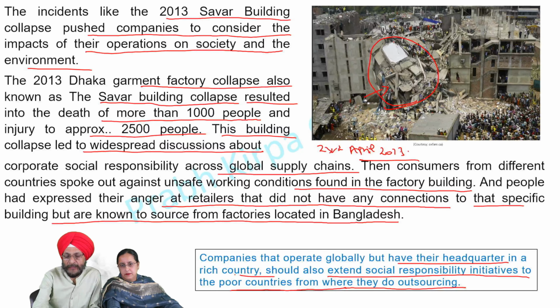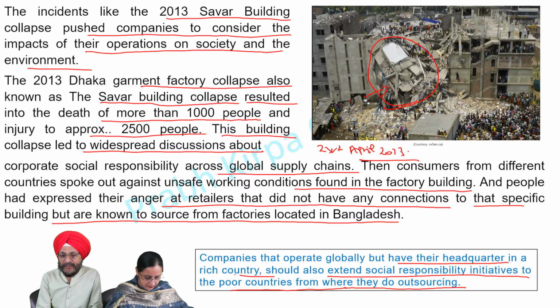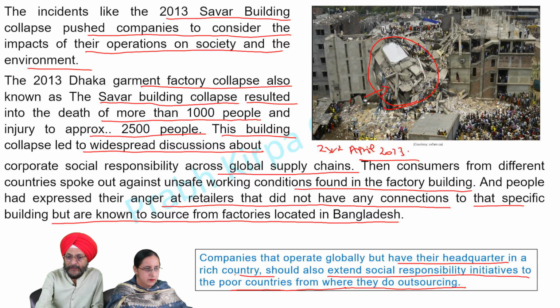It was an 8-story building, in which there were certain shops and banks on the ground floors, and there were 5 garment factories in which more than 5,000 employees were working. Mostly the workers in the garment factories were female.